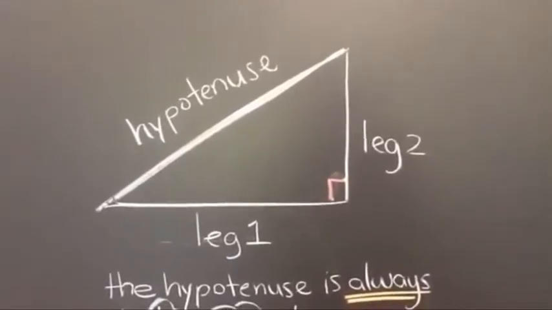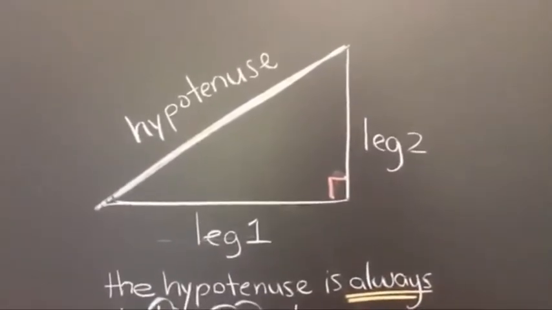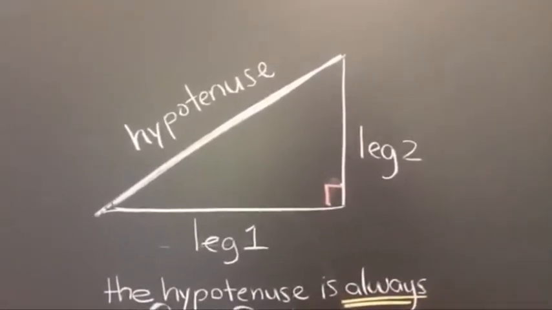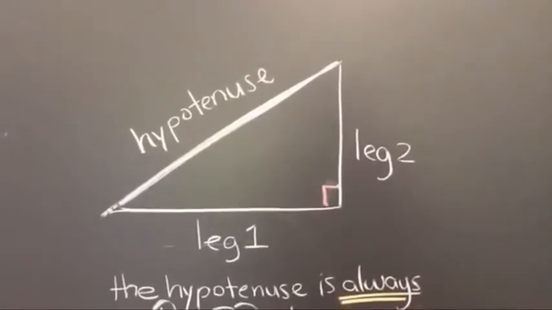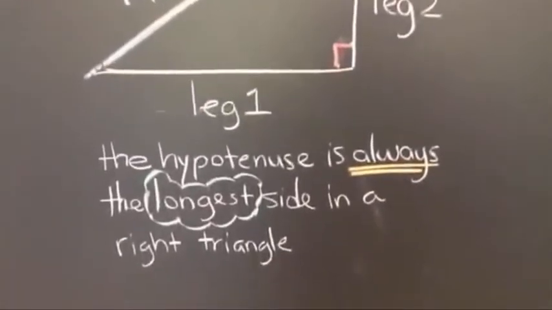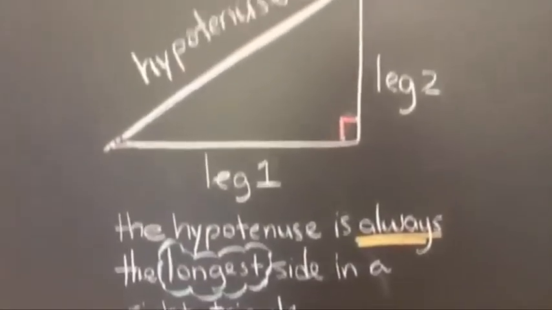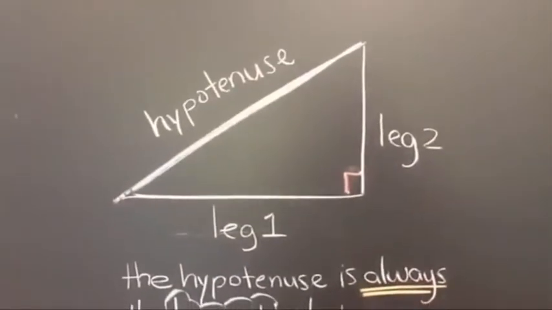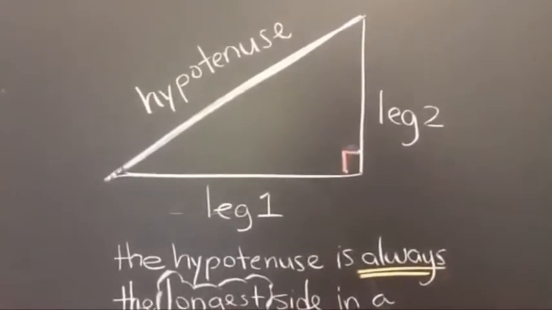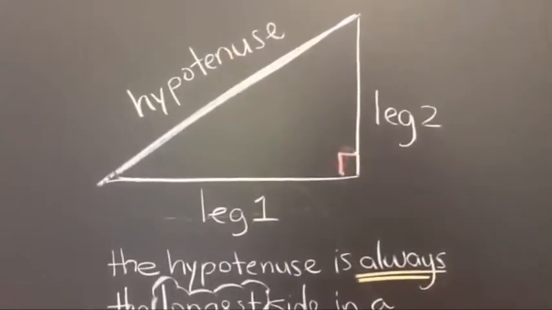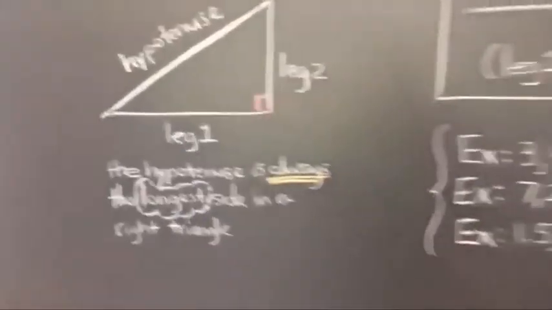Now, a right triangle has 2 legs and only 1 hypotenuse. And the hypotenuse, as you can see from the picture, is always going to be the longest side in a right triangle. That's just always true. So let's look at the Pythagorean Theorem in a way that perhaps you have not seen it before.